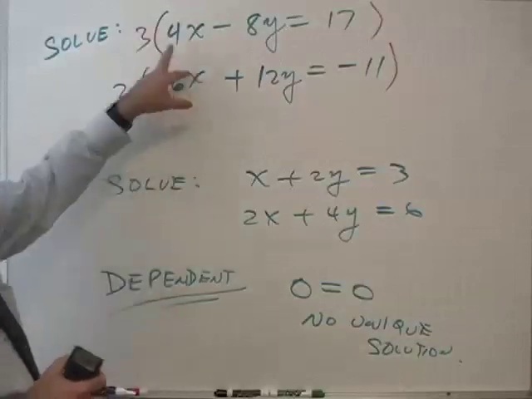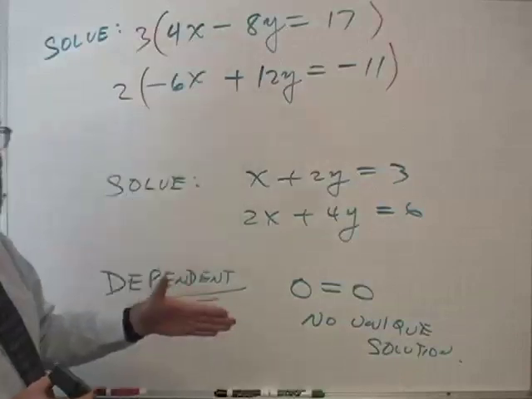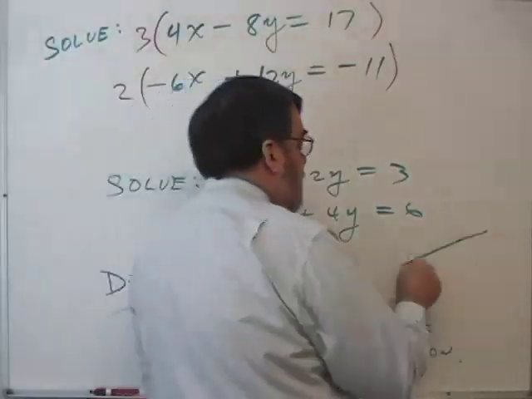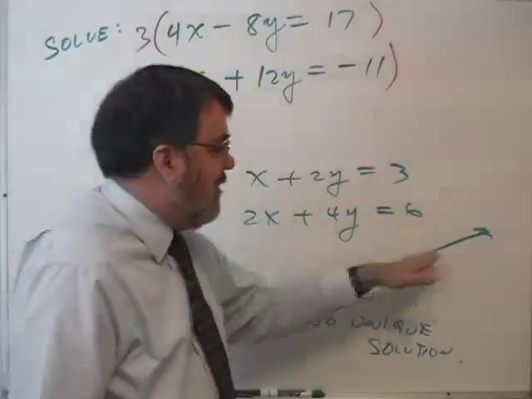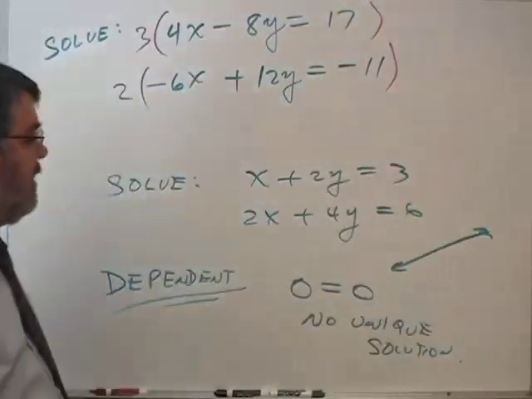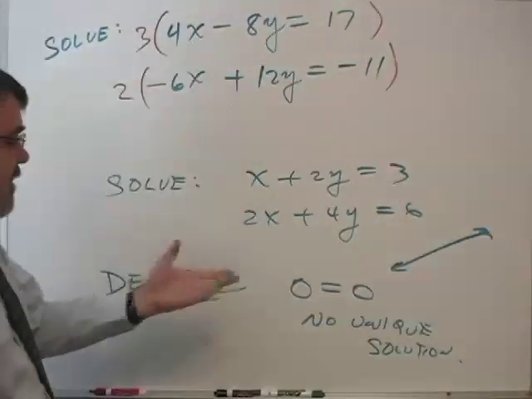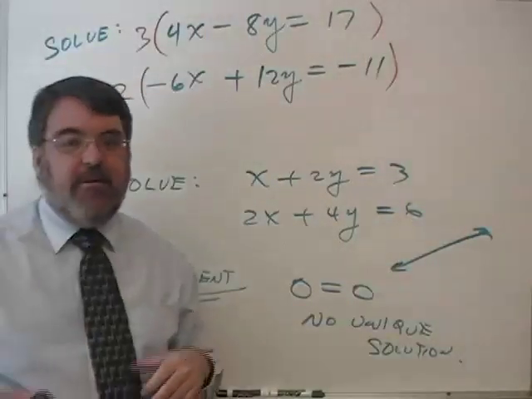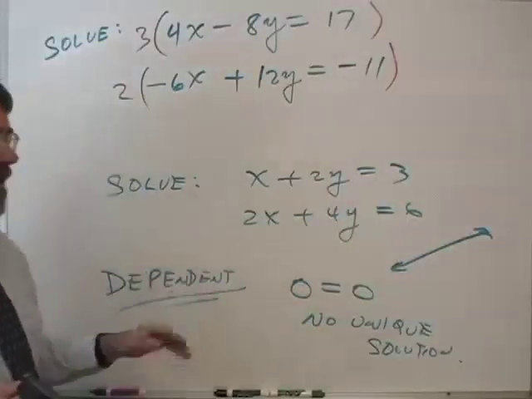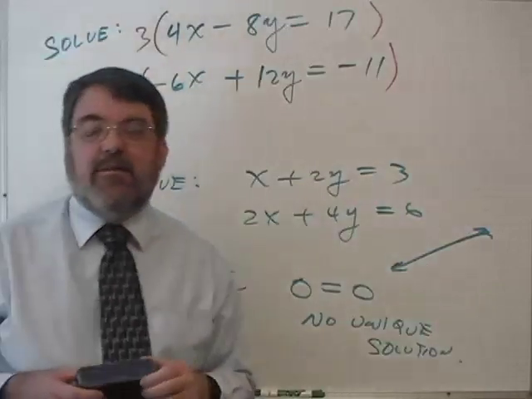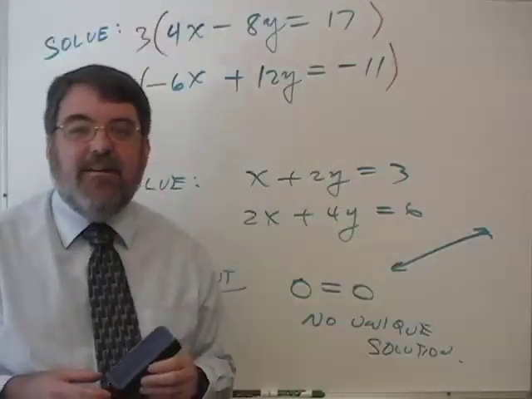When it comes to two lines being the same line, one line literally lies on top of the other one. So there are infinitely many solutions. I think with two equations that are dependent, this is a very boring situation. It's not very interesting at all. But on larger scales, dependent situations are actually quite fascinating to work with.